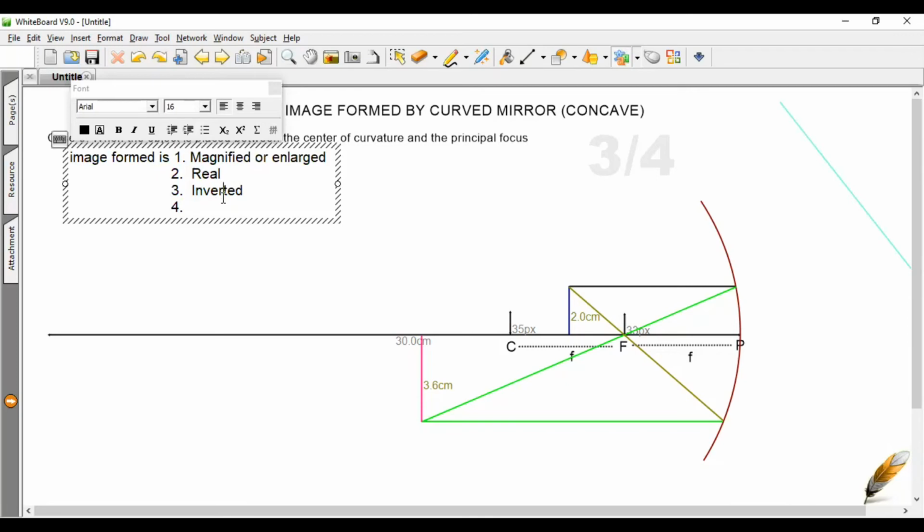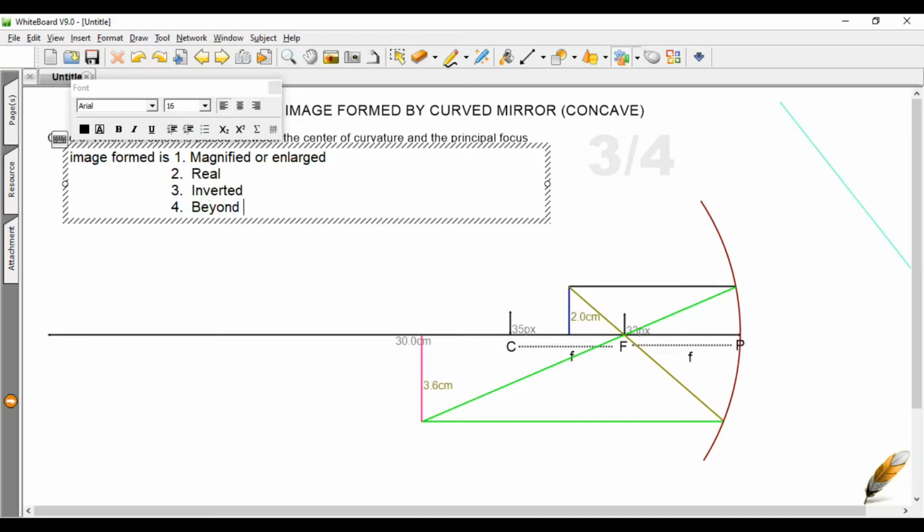It is still inverted. And for the last one, what about the position? Where is the image formed? The image is formed beyond the center of what?